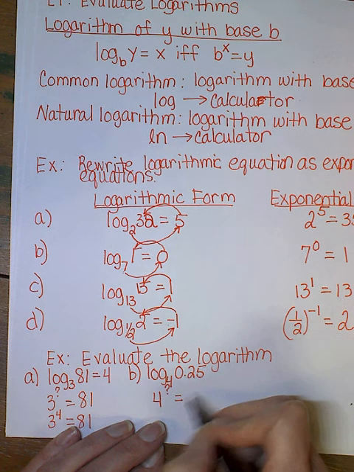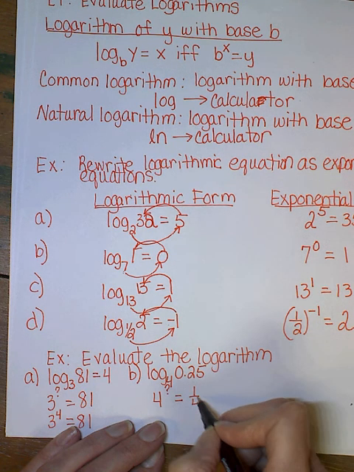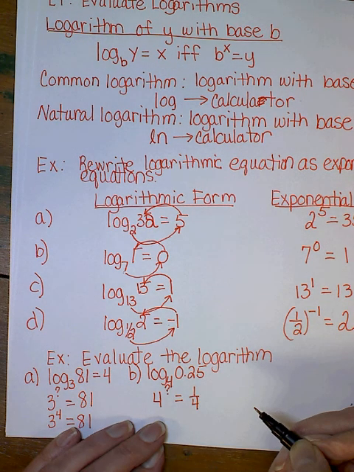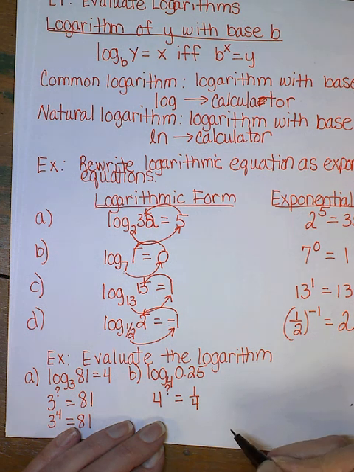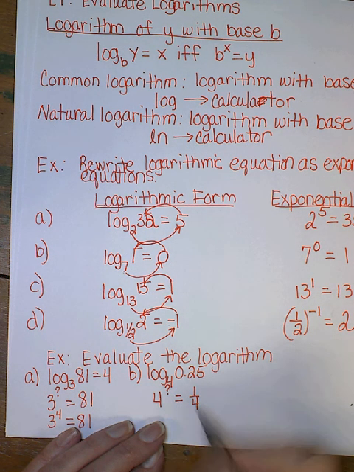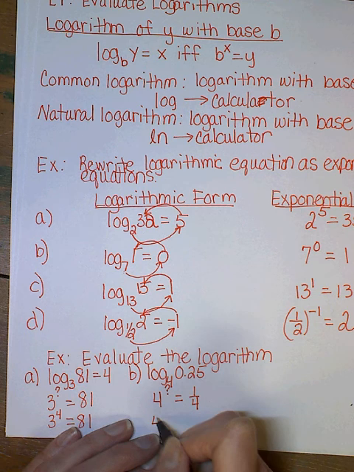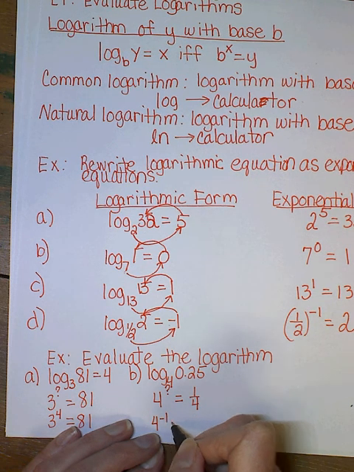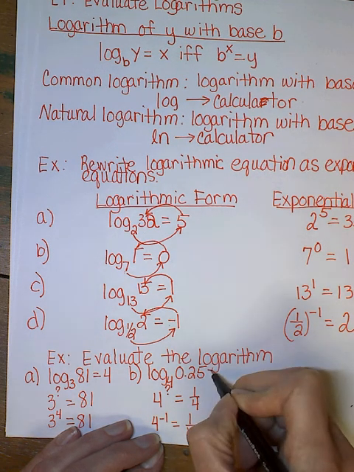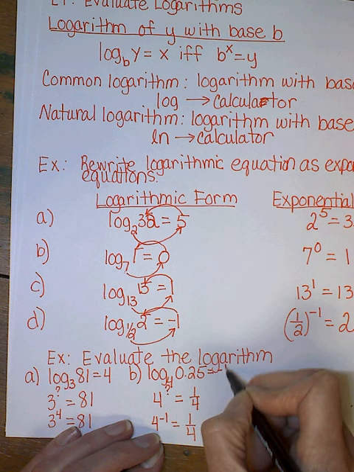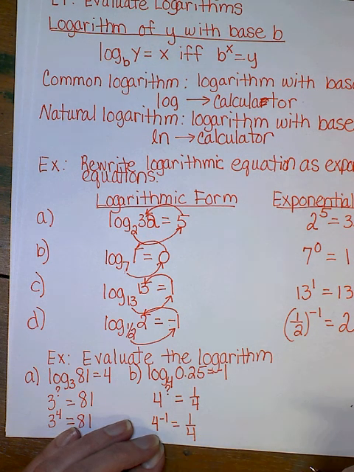And I'm going to change this to 1/4, because 0.25 is the same as 1/4. So what power would make the 4 go down in the denominator? And that would be -1. It would make that 4 drop down. Okay, so this logarithm equals -1 because that's the exponent.